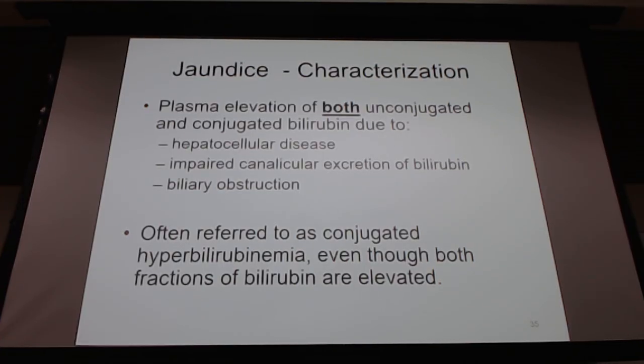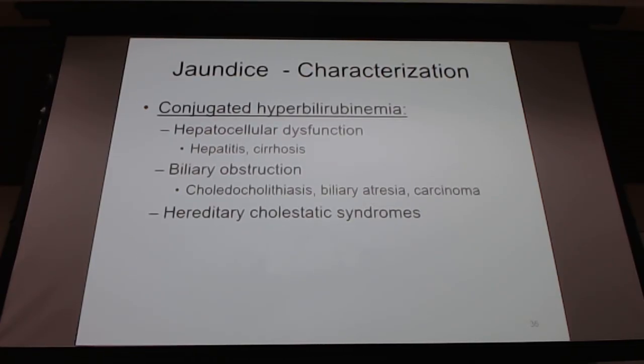But you're going to get those levels checked. So conjugated hepatocellular can be hepatitis or cirrhosis related. There's choledocholithiasis, that's a stone in the common bile duct. And we have things like biliary atresia, as well as carcinoma, and then these random hereditary cholestatic syndromes.